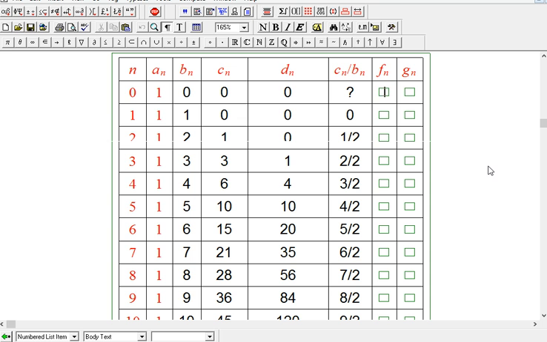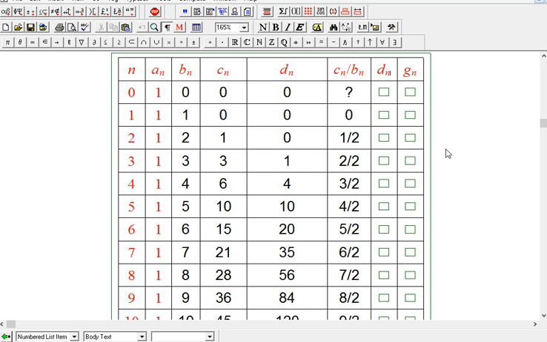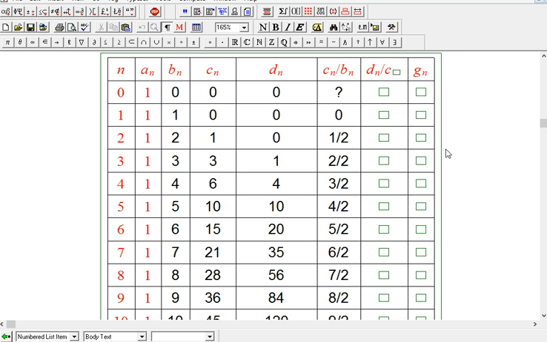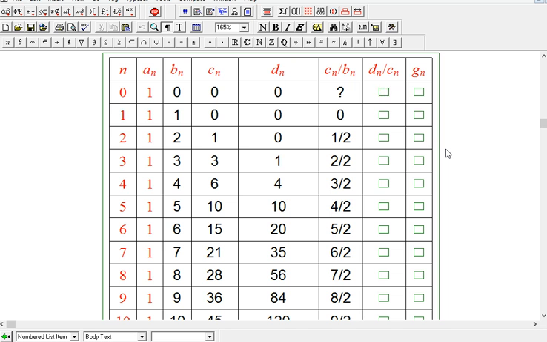Now let's do it for d sub n over c sub n. The first few don't really matter. 0, 1/3, 4/6 is 2/3, 10 tenths is 1, but it's a good idea to write that as 3/3. 20 over 15 is 4/3.